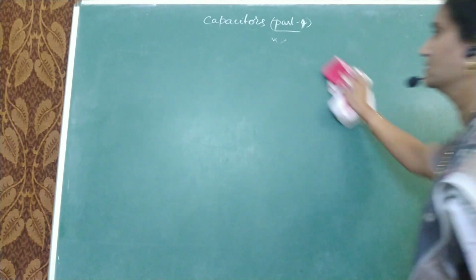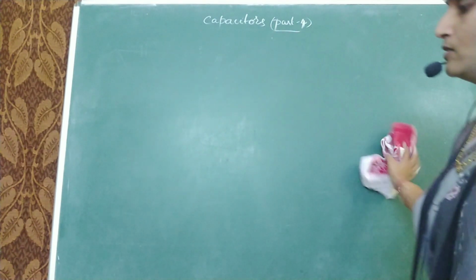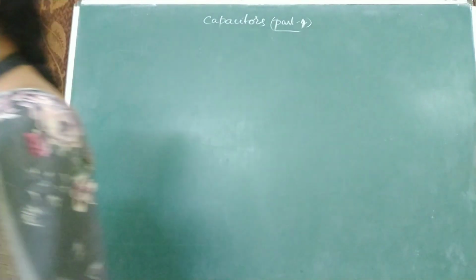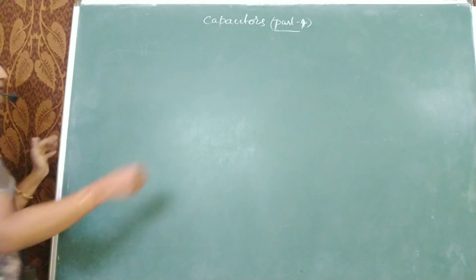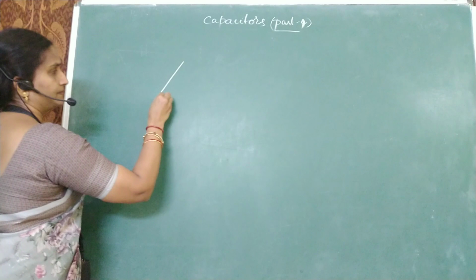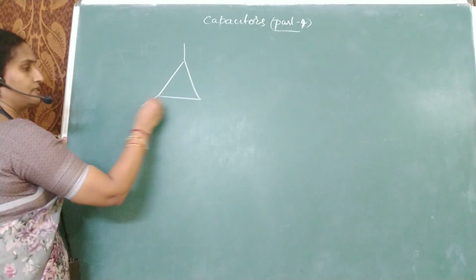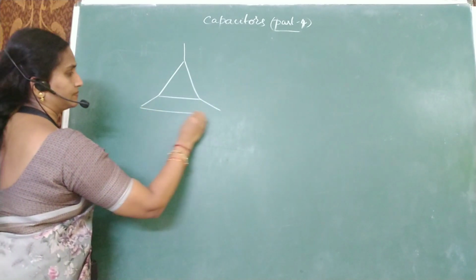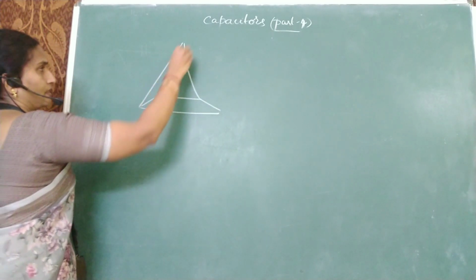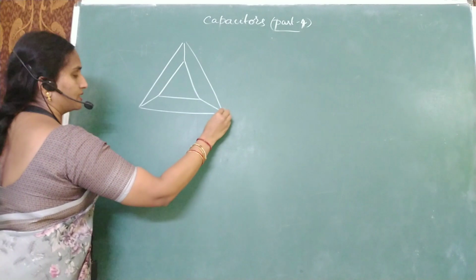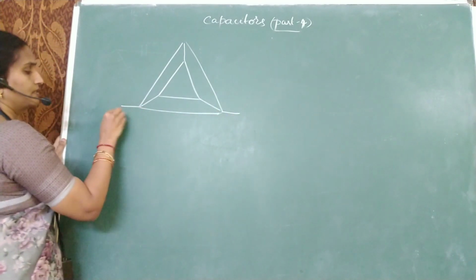Some complicated circuit is given. Say for example, a triangle inside another triangle, and every edge of this triangle has a capacitor.